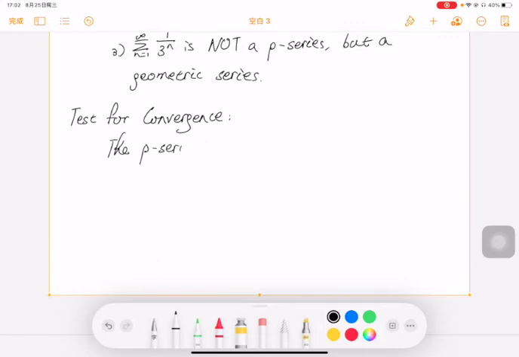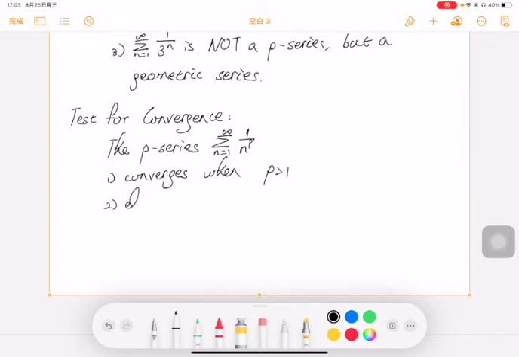The general P-series, the sum from n equals 1 to infinity of 1 over n to the p, converges when p is larger than 1.